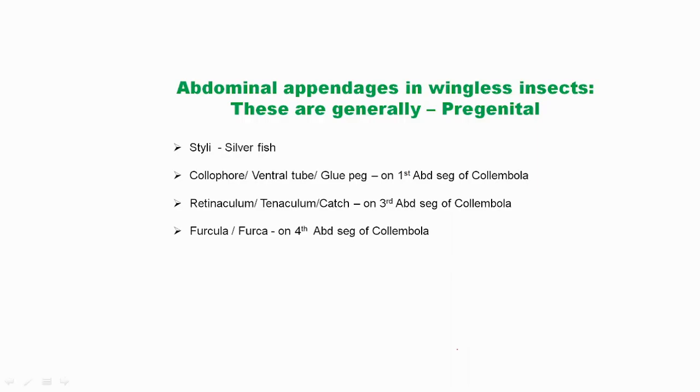First, we are going to discuss abdominal appendages in wingless insects. I already told you that these appendages are pregenital, meaning they are present before the genital organ.